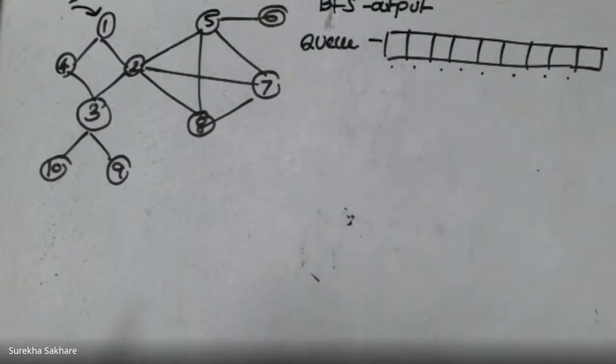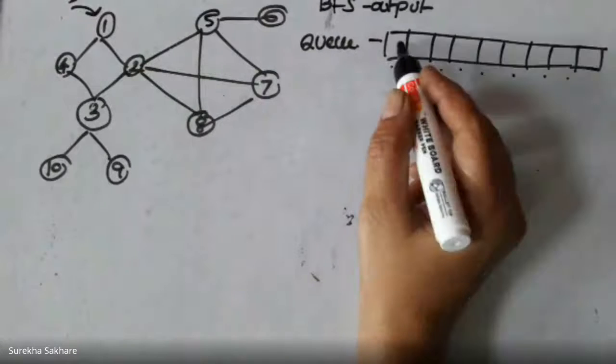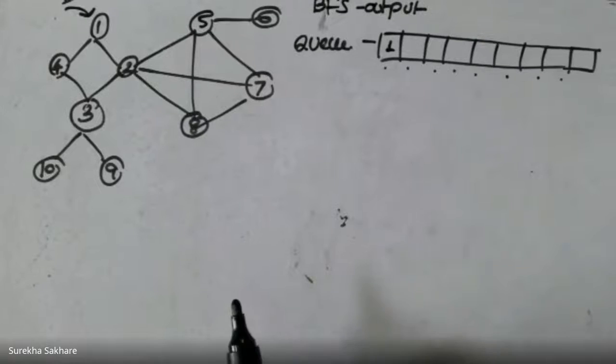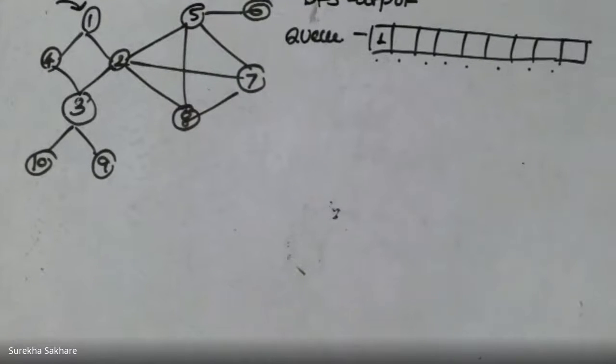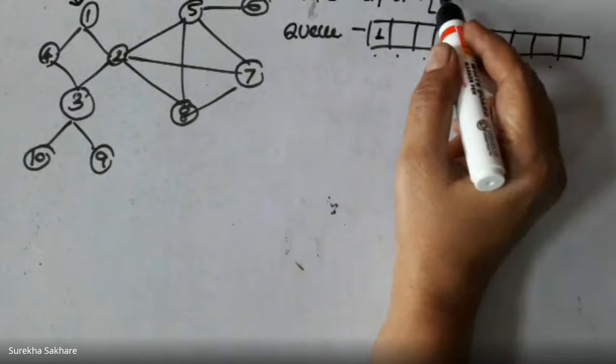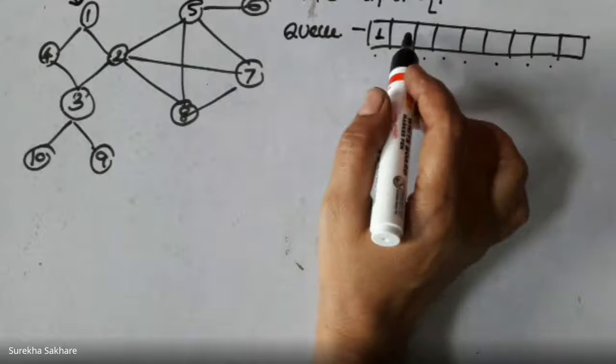Okay, so let us start with the vertex 1. Because I have already visited 1, I will write 1 here. Now I will move on to exploring 1.